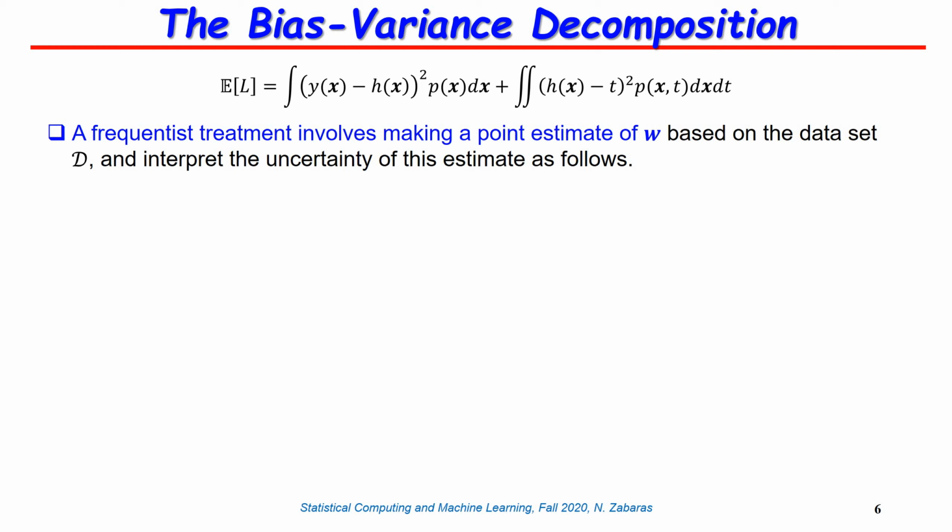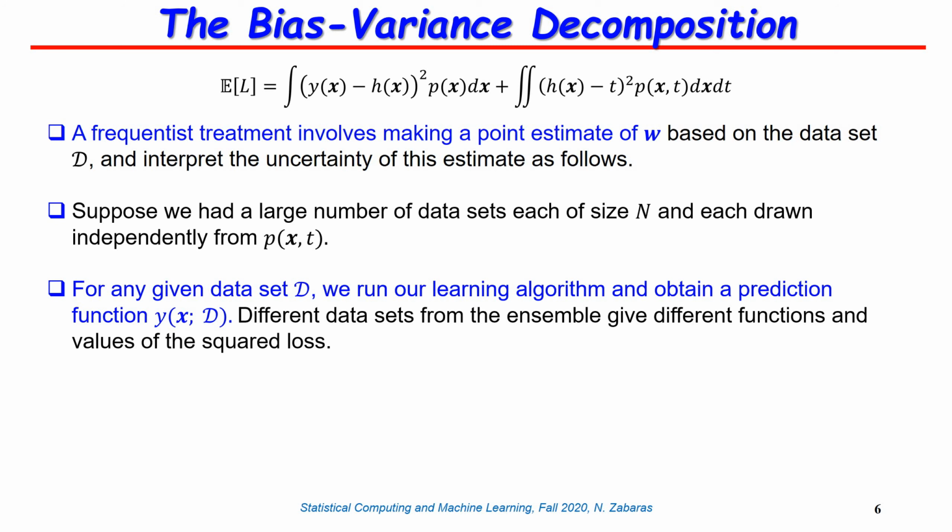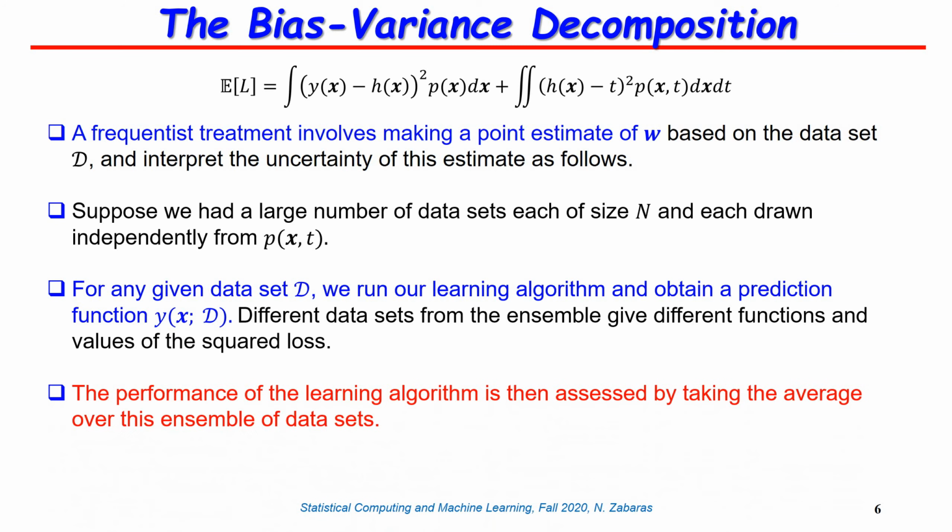The w are not random variables, but the uncertainty in w is perceived as uncertainty induced by training the model repeatedly using different data sets D. As you change the data set, you get another w, and that gives you another regression function, and that's how you see variabilities in regression functions in a frequentist setting. This is what I am going to try to do in the remainder of the lecture today.